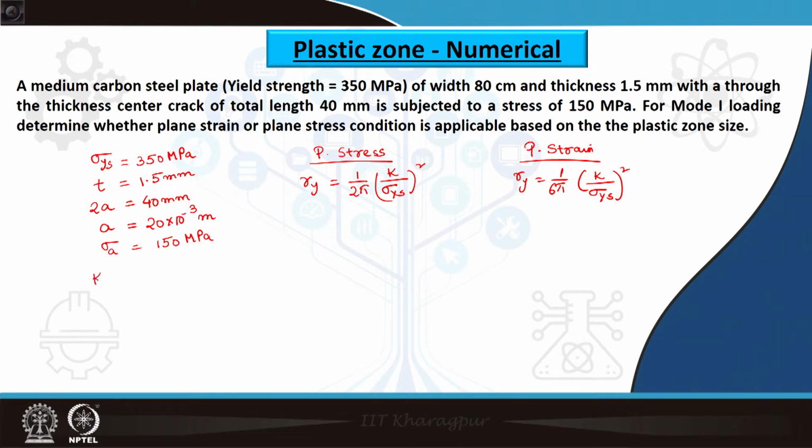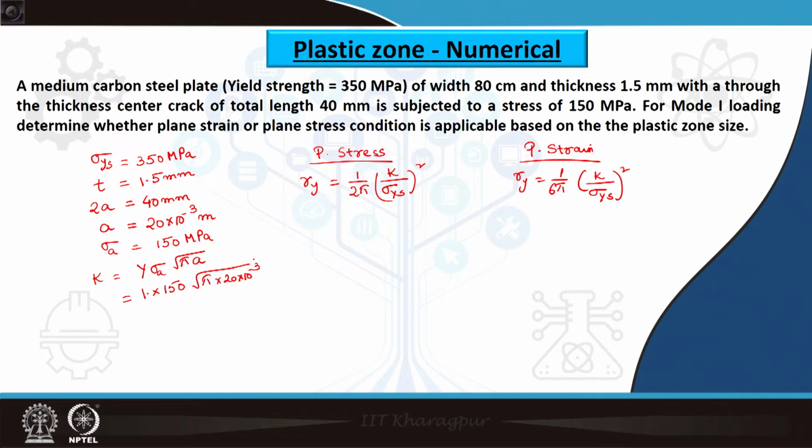K can be determined by the relation it has with the geometric factor Y, sigma applied, as well as root over pi a. In this case, since this is a center crack, we know that Y equals 1, sigma applied is already known to us, 150 MPa, and a is 20 into 10 to the power of minus 3 meter.